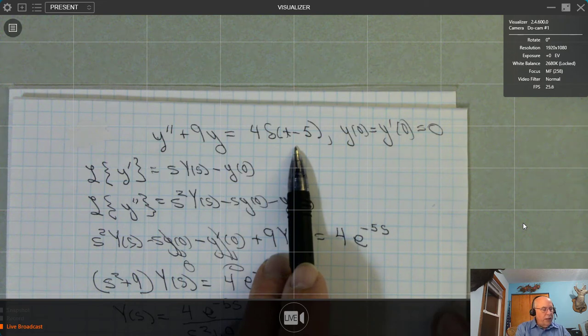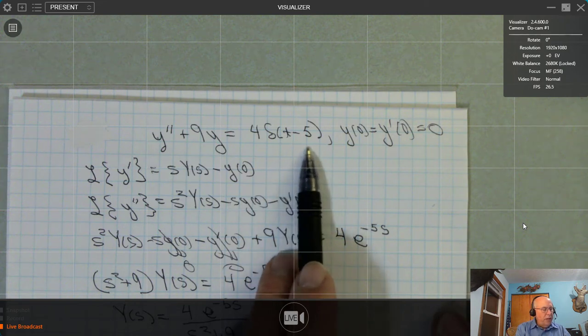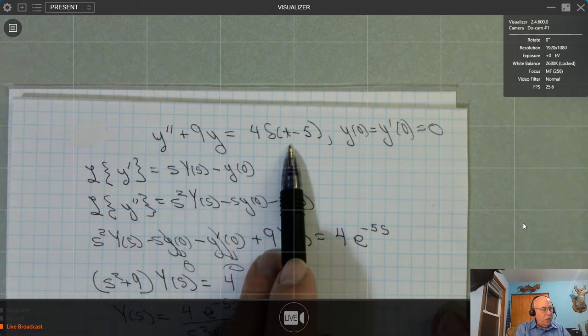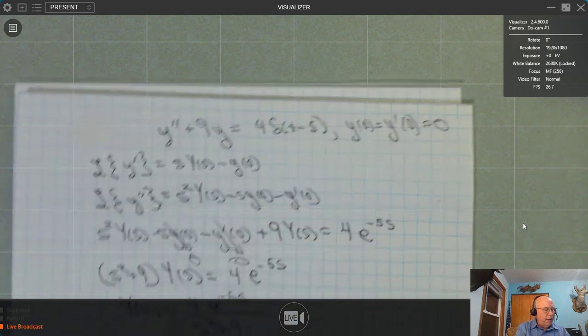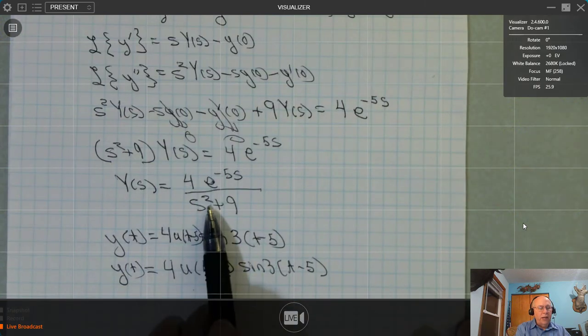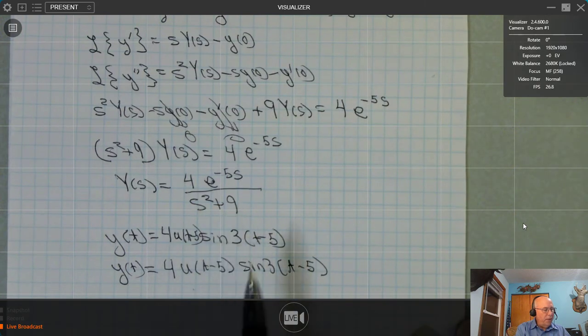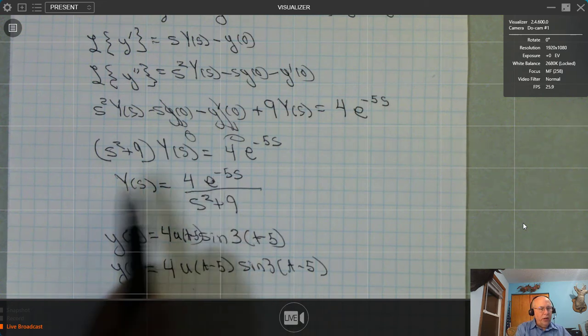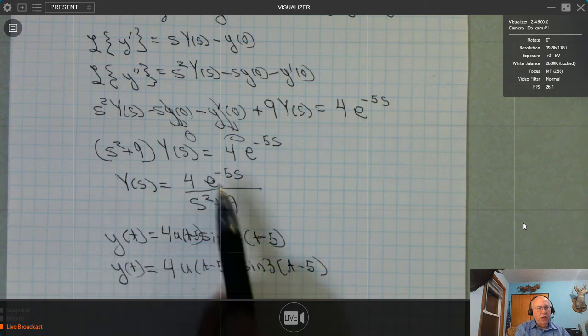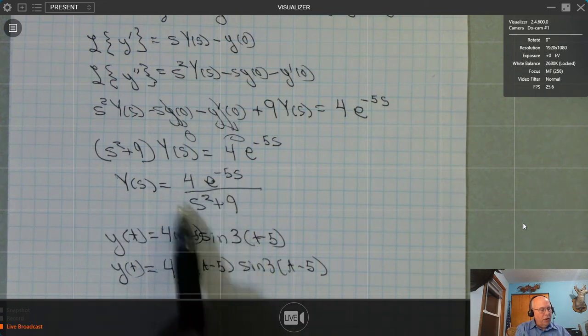So we have no methods up until now to address this problem. But now that we can use transform calculus, we find out that it's actually not an especially difficult problem. It just involves knowing how to transform that impulse function and then knowing how to take the inverse transform when you have that exponential multiplying your fraction.